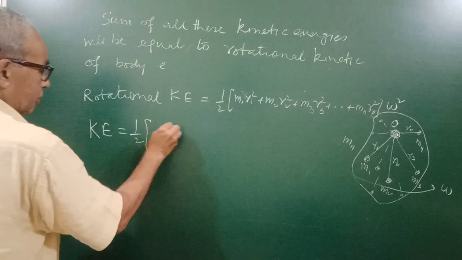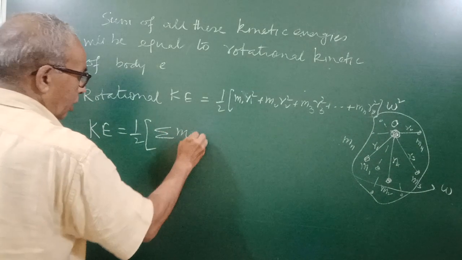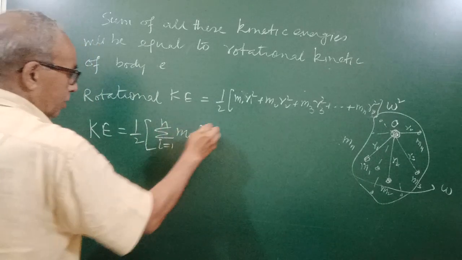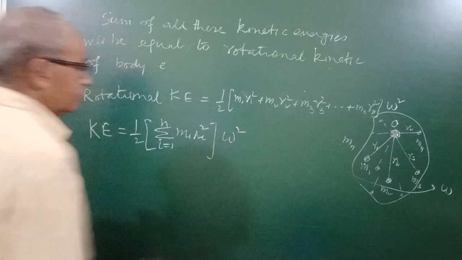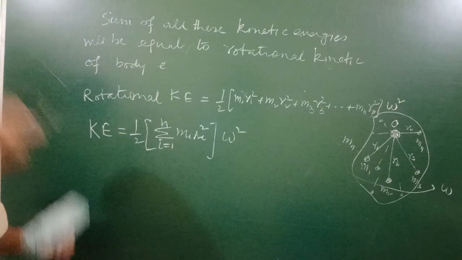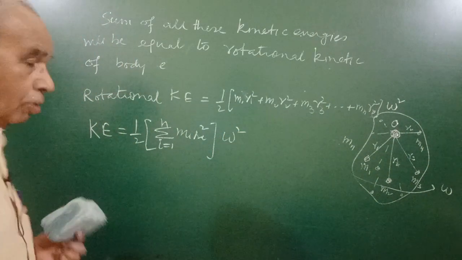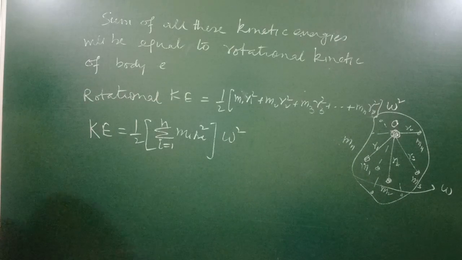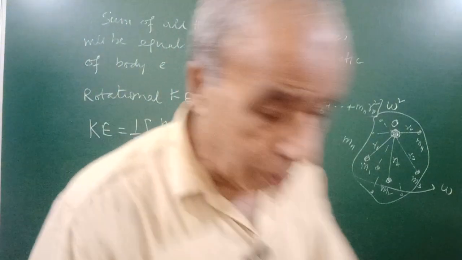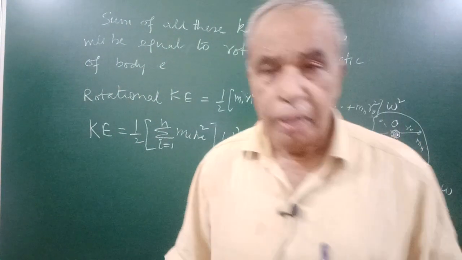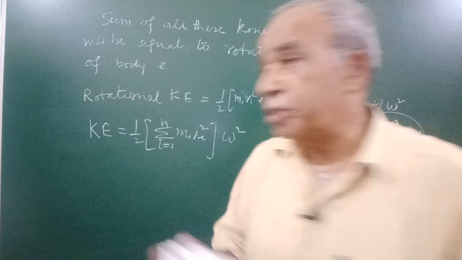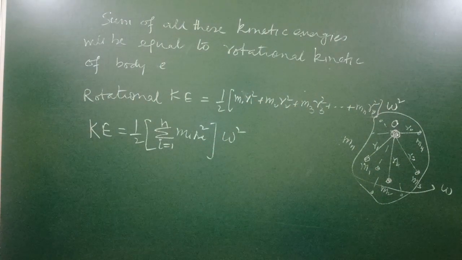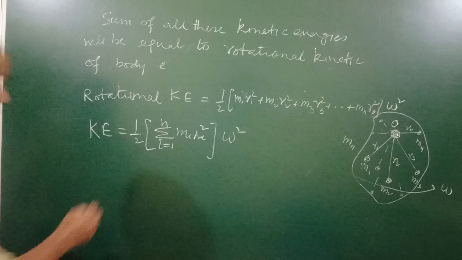We can write it as half summation mi ri square, i equal to 1 to n, into omega square. I hope now you will be recalling what this summation mi ri square is. I hope you may answer this, but you are not with me here, so I have to tell you.